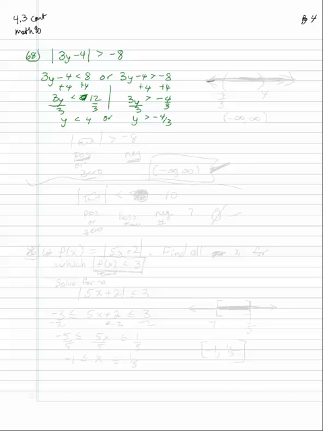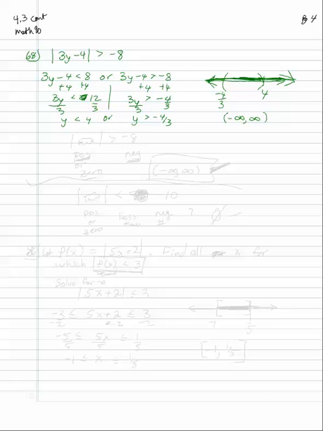Now when you look at the graph, remember this is an OR statement, so y is less than 4 is this piece, or y is greater than negative 4/3 is this piece. And then you can see that actually that's equal to negative infinity to infinity. It's the whole number line. And so basically the solution is all real numbers.